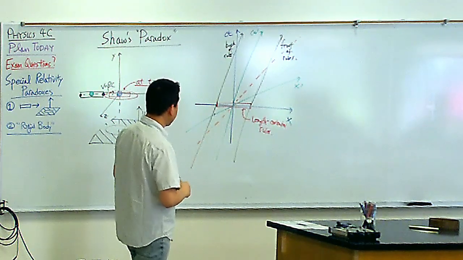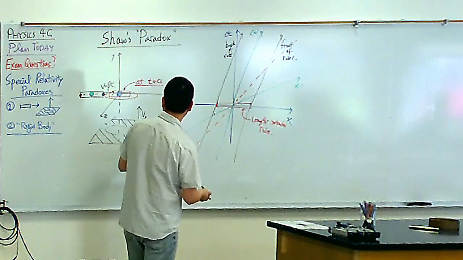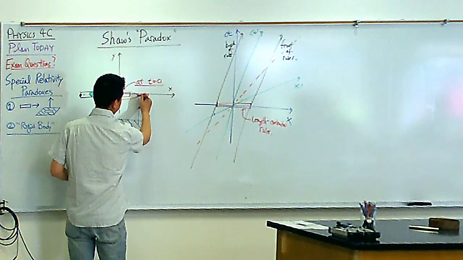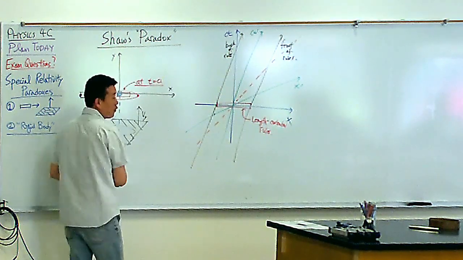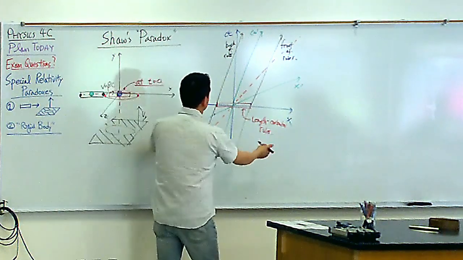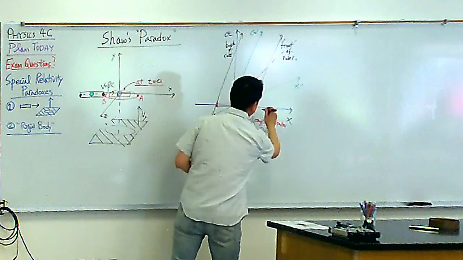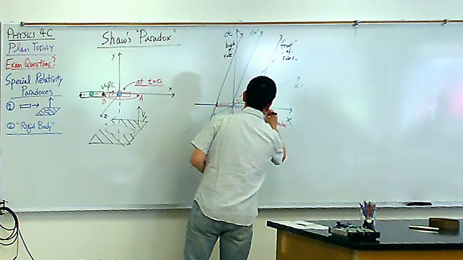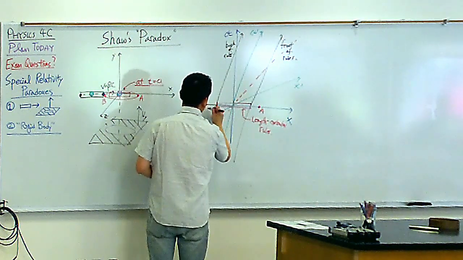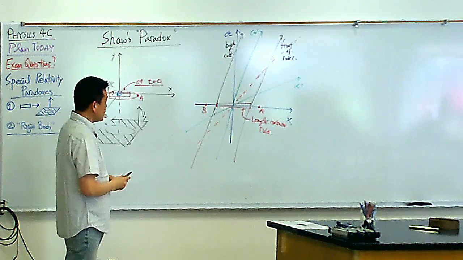And at this moment in time, at t equals 0, if you are to locate two points, one end of the hole and the other end of the hole, the two antipodal points of the hole, let me call this point A, call this point B. This would be A, and this would be B. Okay?